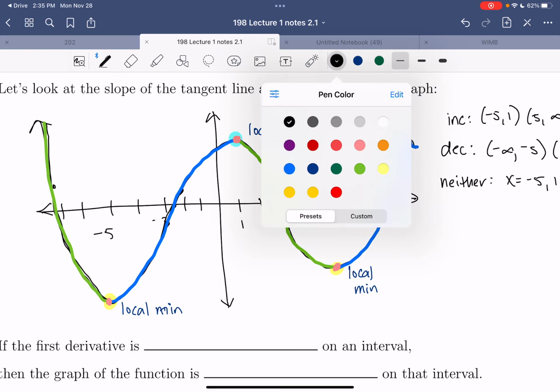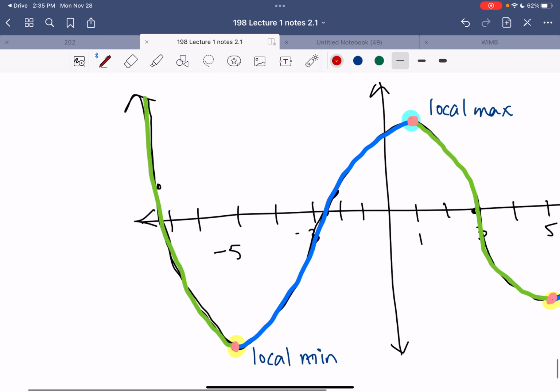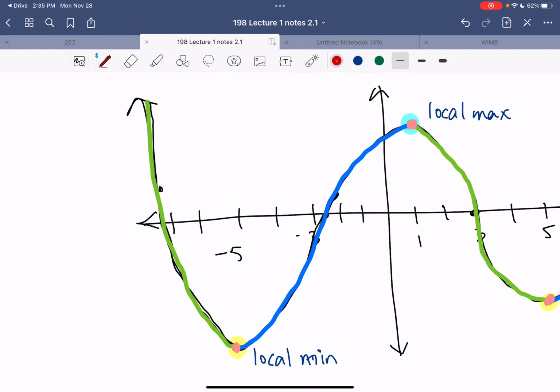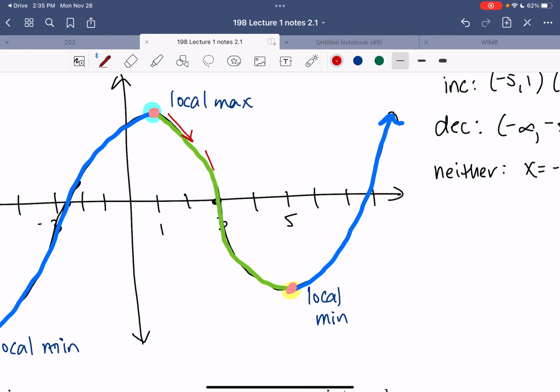So if we think about our graph where it's decreasing, so where it's green, I'm going to draw in the slope of the tangent line. So the slope of the tangent line would be like this, and just at various points along this green curve. So there, something like that, right? And then over here, my tangent line would be here, here, here, here, here, right?